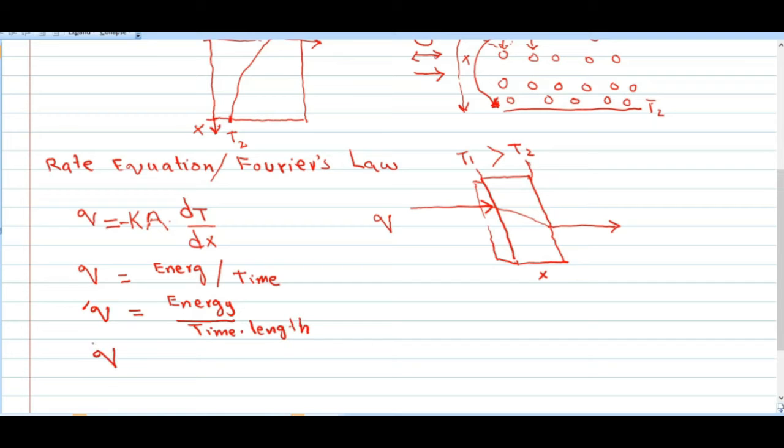We define Q double prime as energy per unit time per unit area perpendicular to the direction of flow. This is also called heat flux. Energy per unit time per unit area is energy flux or heat flux. Another term, Q triple prime, is energy per unit volume, but that is very rarely used in the subject of heat transfer. There are some assumptions of Fourier's law.